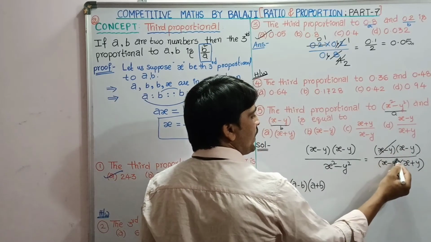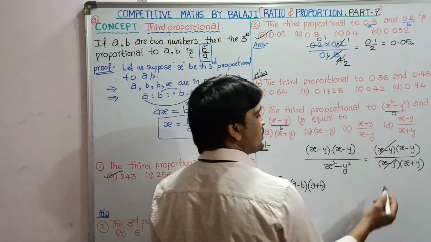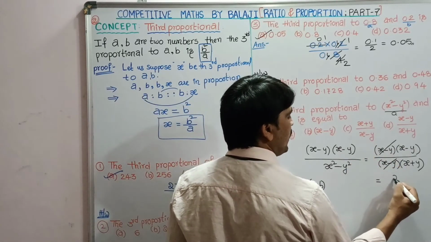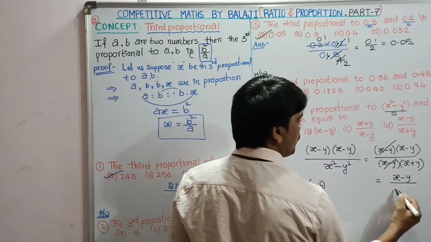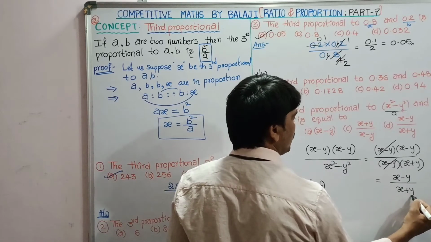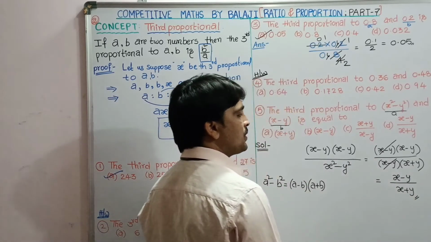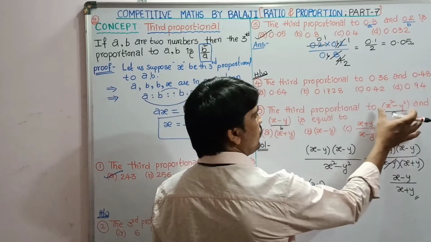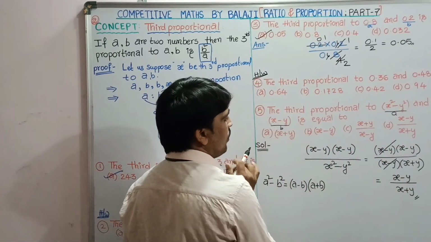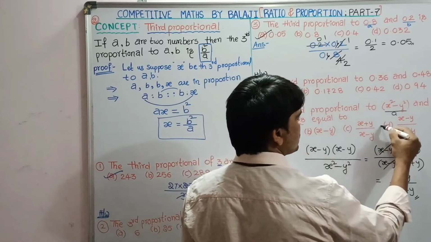Equal terms on the numerator and denominator, that is x minus y, get cancelled. Finally, we have x minus y in the numerator and x plus y in the denominator. So x minus y by x plus y is the third proportional to the given x square minus y square and x minus y. That is, the answer is D.